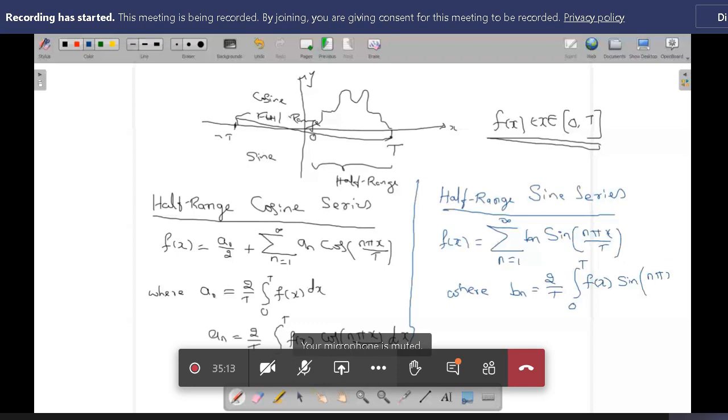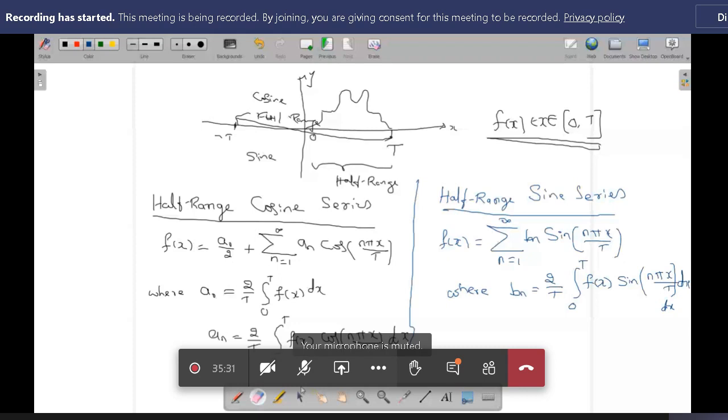So this is the definition of half range sine series. Okay, so please note the definition of half range sine series.